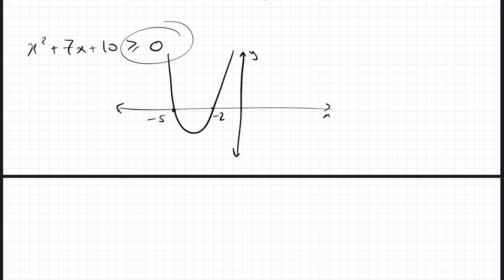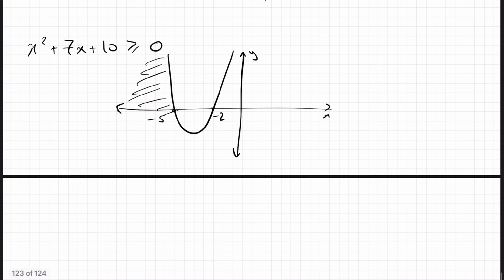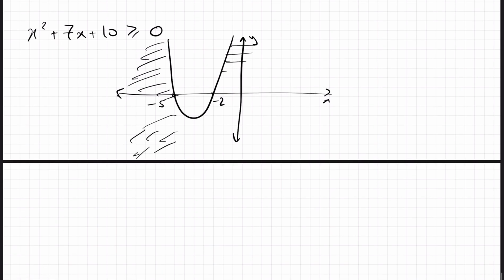Where this is greater than or equal to 0 is also just where any part of this is not below the x-axis. So it's everything past this root, like so, and everything like this. So that's fine.